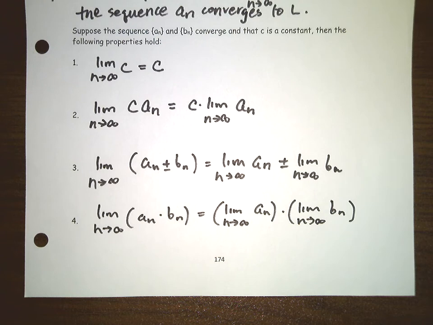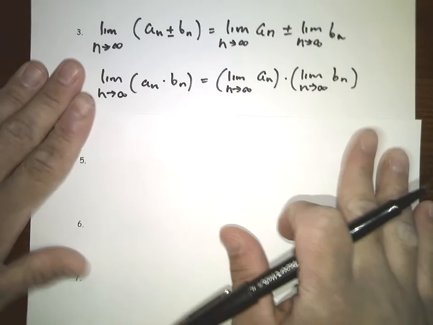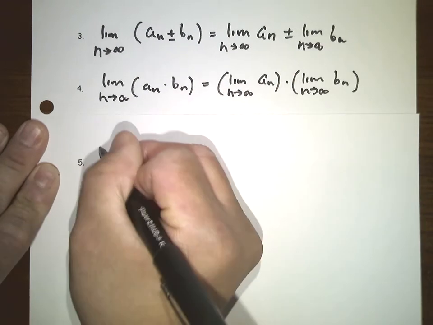All right, so now let's go to property 5 here. So here's property 5.